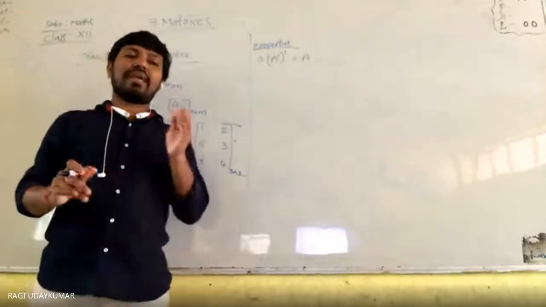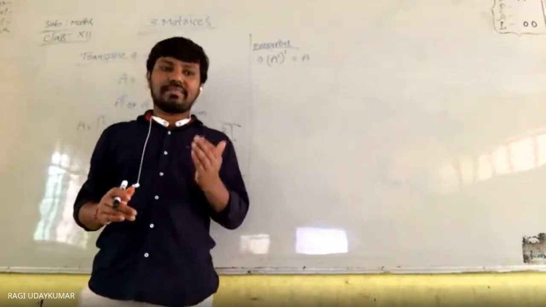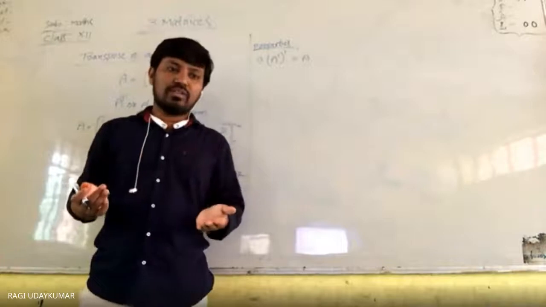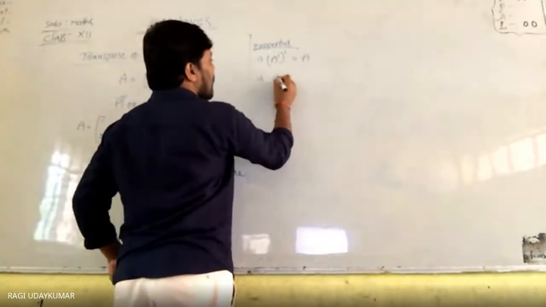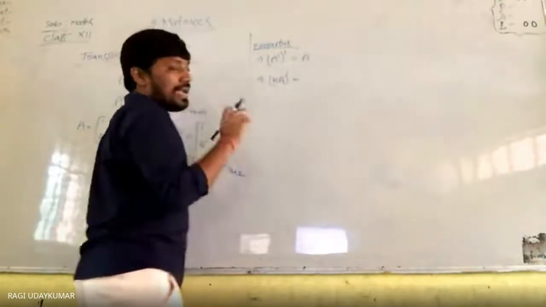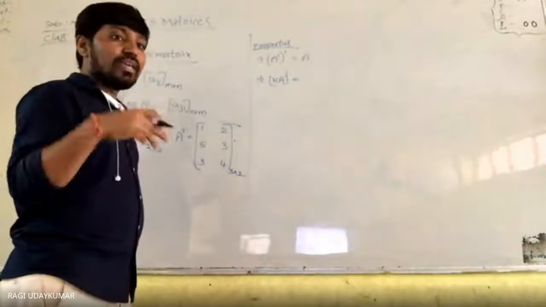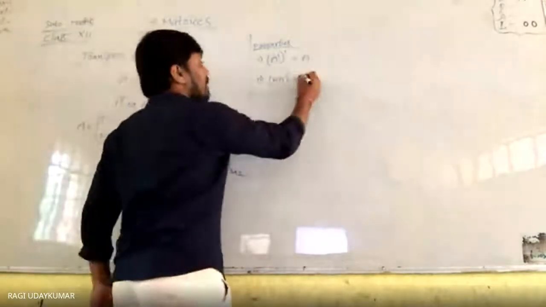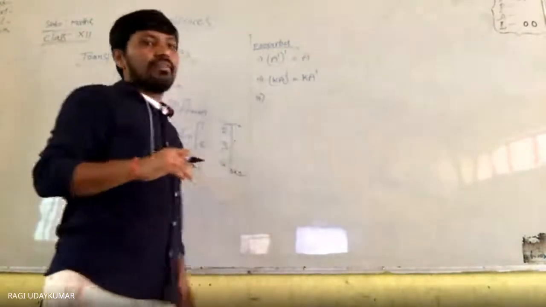The second property concerns multiplying a matrix by a scalar and then taking the transpose: kA whole transpose is equal to k A transpose, where k is a scalar.